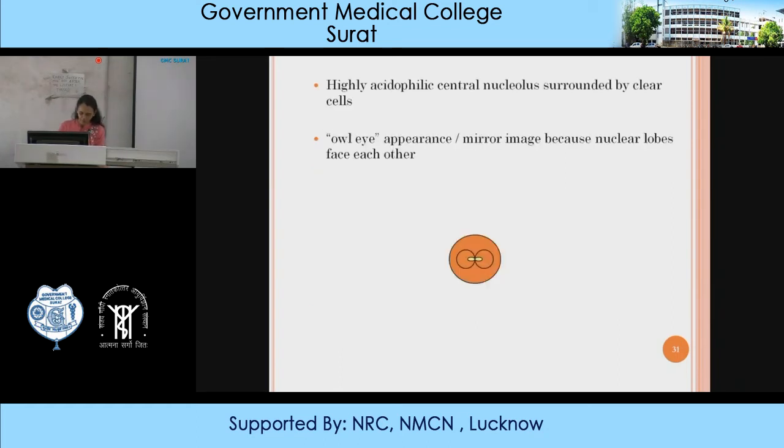They have a very prominent acidophilic central nucleolus, surrounded by clear halos. Owl eye appearance: you can see the two central pale yellow areas which are actually nucleoli, then the nuclei, and then the common cell membrane. So it's a typical owl eye or mirror image appearance of the RS cell.